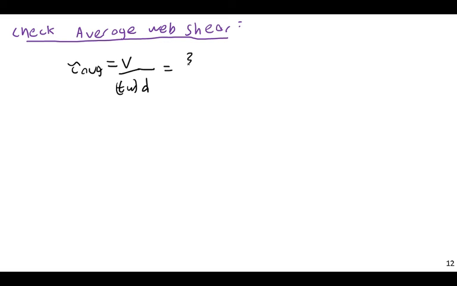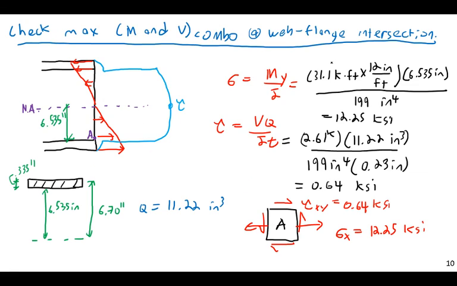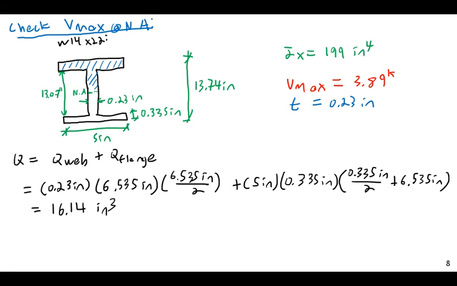That equals 3.89 kips divided by 0.23 inches times 13.74 inches. 13.74 is the overall depth of the beam.